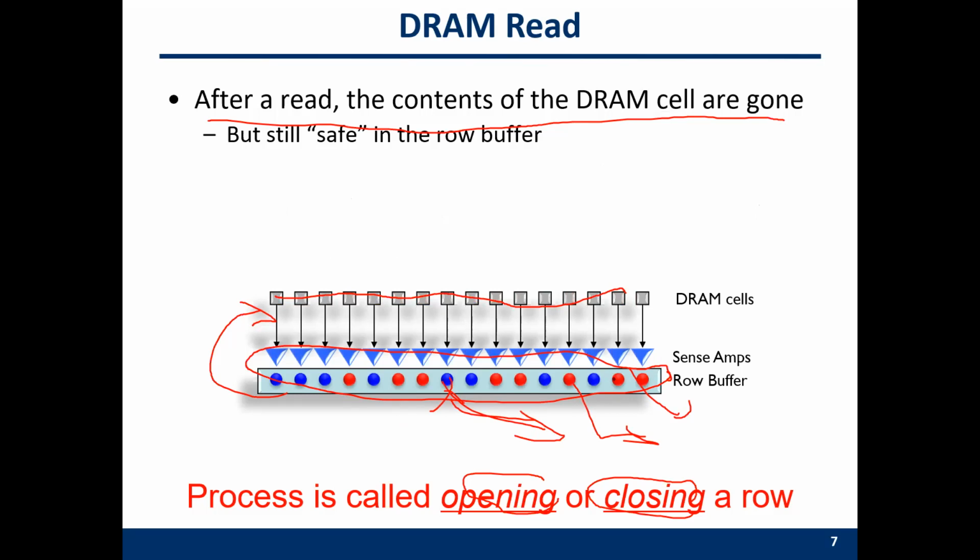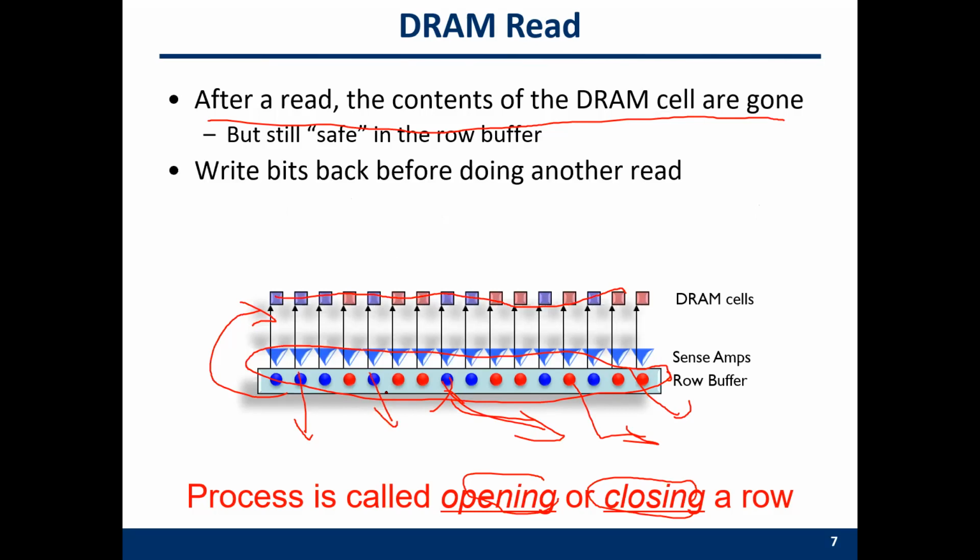So if the data is in the row buffer, you can read any data from the row buffer. But if you decide to activate another row, you need to do the restore and then fetch the content of that row to the row buffer.